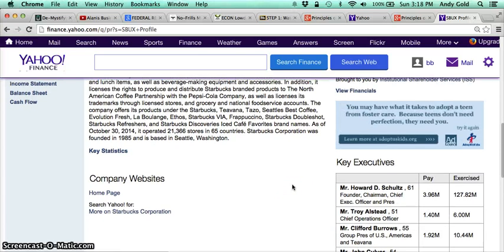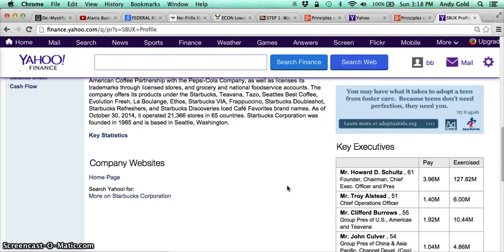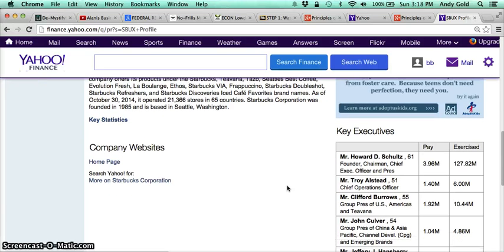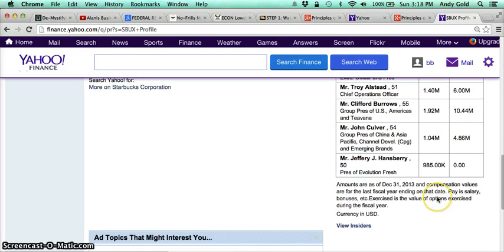And as you scroll down here, some of the information that publicly traded companies have to disclose are the wages paid to the top executives. So here you can see Howard Schultz, who is the founder, chairman, and chief executive officer, who makes $3.96 million a year. And then the other executives listed there and their wages in accordance with that.